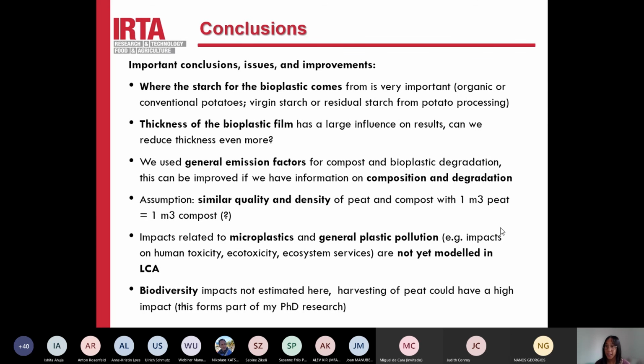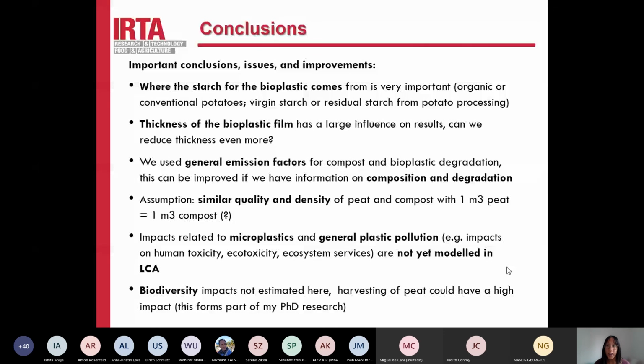We also found the thickness of the bioplastic film had a large influence on results. So the question is if we can reduce it even lower than 25 micrometers, because we saw that between 40 micrometers and 25 micrometers, the difference was about a 37% reduction in overall impacts.